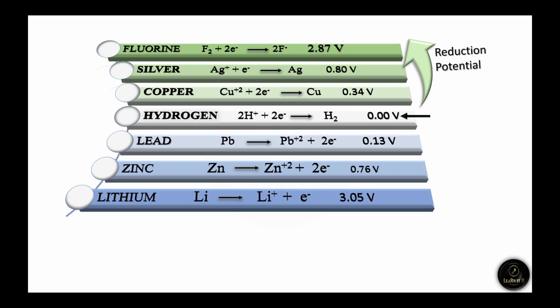And the lead comes between hydrogen and zinc, whose value is 0.13, the standard oxidation potential. So here, if we analyze, lithium has the highest standard oxidation potential value. So this is one of the reasons why lithium batteries are efficient energy storage devices.